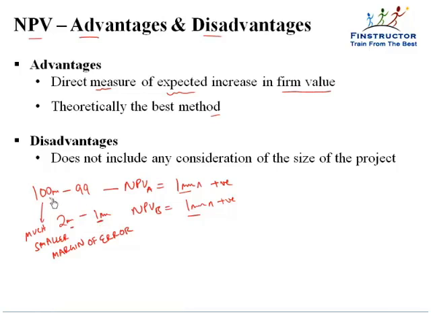Whereas in project A, a slight miscalculation or a slight overestimation would make this NPV negative and the project unviable for the company. So the NPV as a standalone measure does not give us this indication of the margin of error. And that is why we need the assistance of the IRR and other measures to help us.